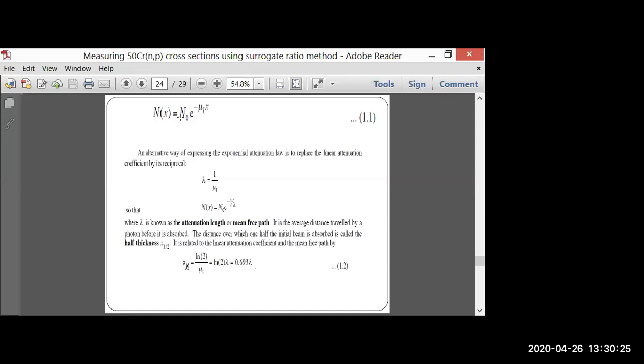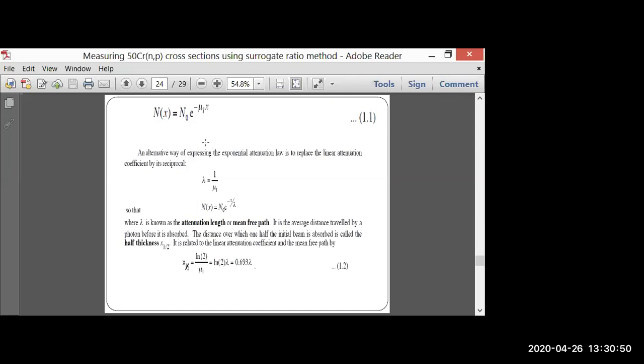So this is the equation which explains the way of interaction of photons inside the material. N0 is the initial number of photons you fire at a material, and mu L is the linear attenuation. X is the distance traveled inside the material, and N is the remaining number of photons after traveling distance x inside the material.